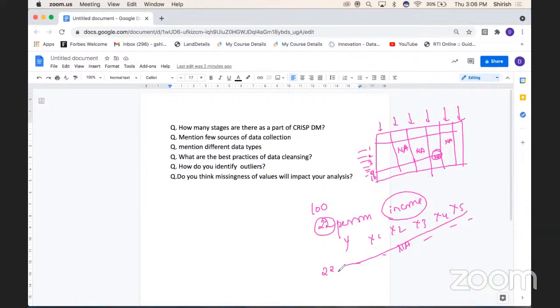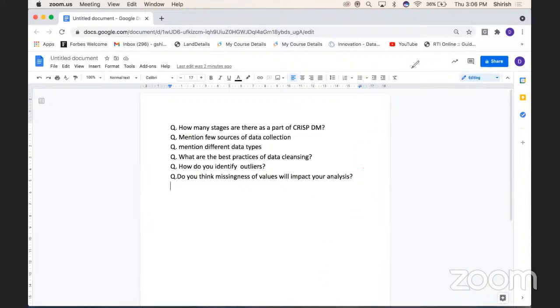So if one or two values are missing, the entire row would be deleted. Because of this, the data is getting deleted, and it is impacting our analysis. We have to spend a lot of time on the missingness of our data.